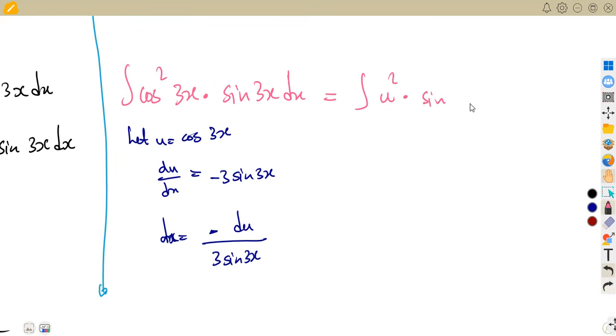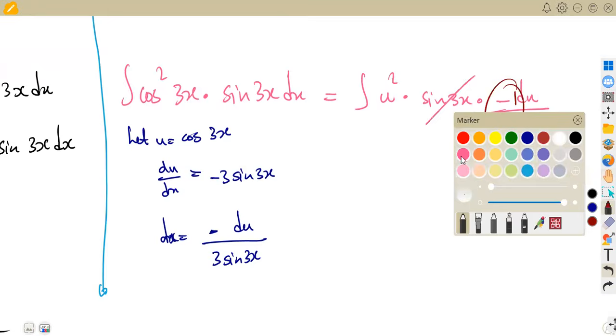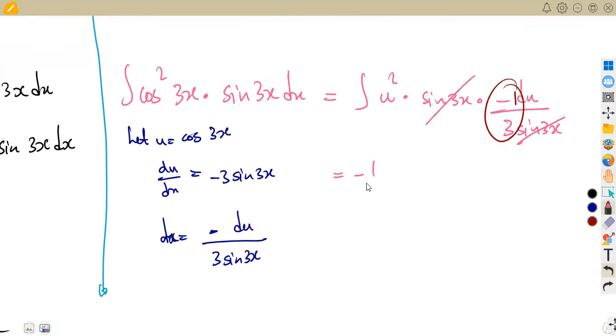But as you can see, it's going to cancel with this because this is negative du over 3 sine 3x. So this and this will cancel. We can get rid of the negative a third outside of the integral. So this will be minus a third the integral of u squared with respect to u.